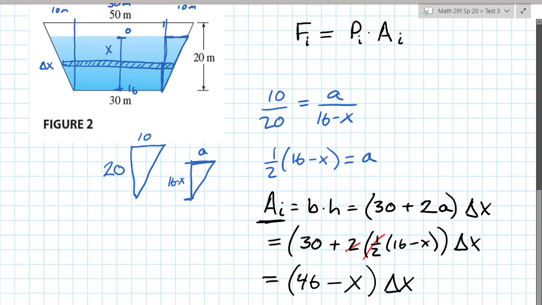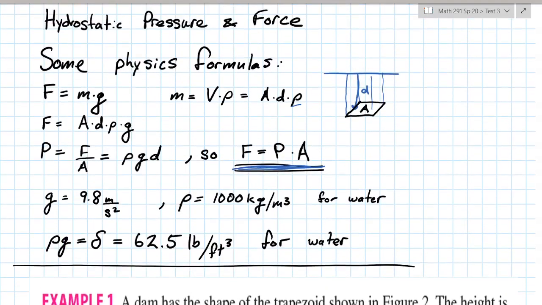Now we need the pressure of the rectangular strip. Scrolling back up, we know that the pressure is equal to what? Well, it's going to be the density of the water times the distance underwater times the acceleration due to gravity.